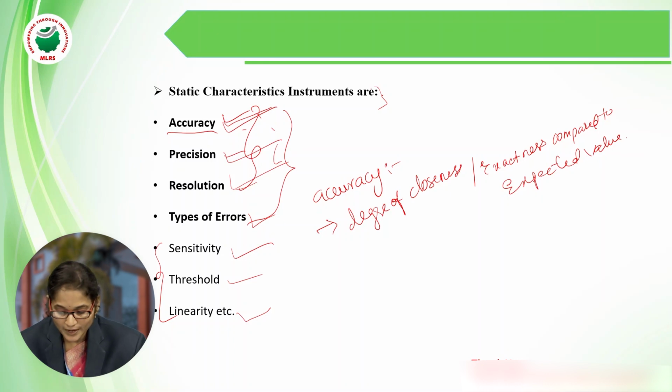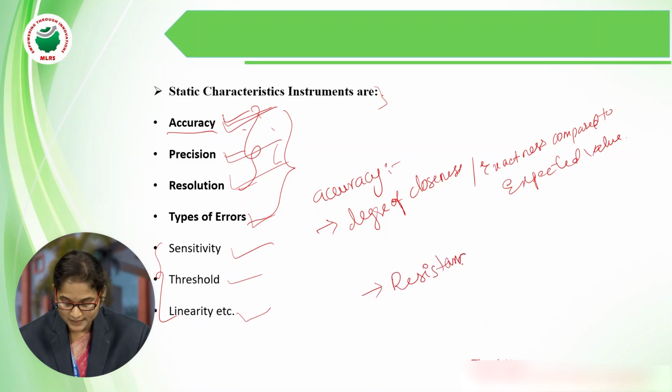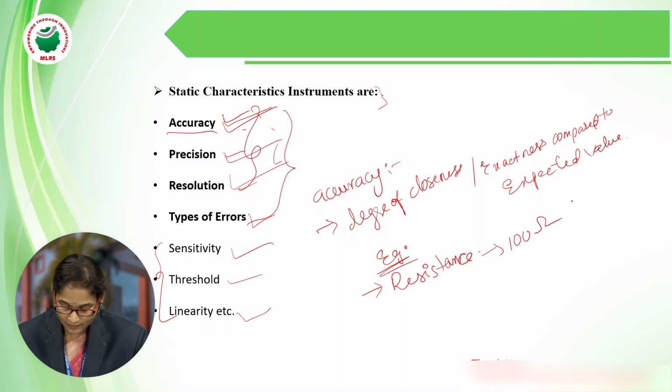For example, the actual value of the resistance we want to measure is 100 ohms. When we are measuring, this is the actual value of the resistor.